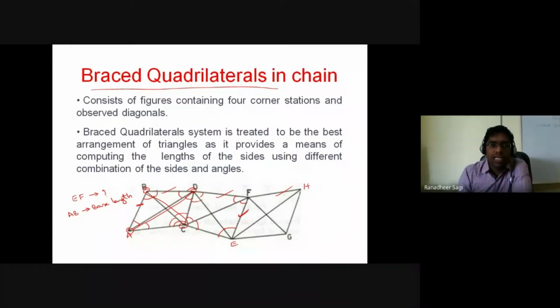Then once the AB length is known, by looking at the triangle ABC, I repeat, by looking at the triangle ABC, I can go on to find out the length of the member AC. Instead of talking about the length of the member EF, let's say I want to find out the length of the member CD. EF length is relatively far. Let me quickly look at the length of the member CD.